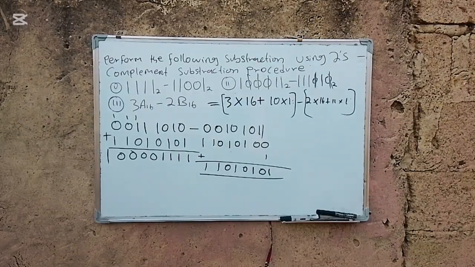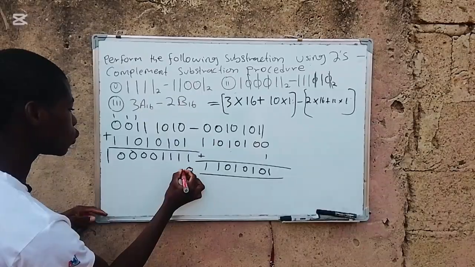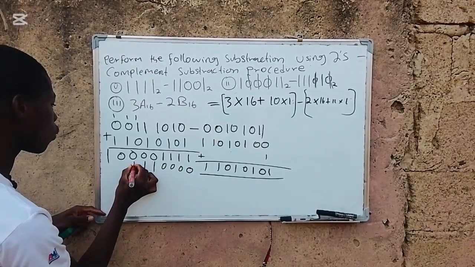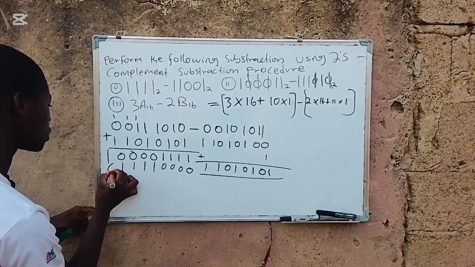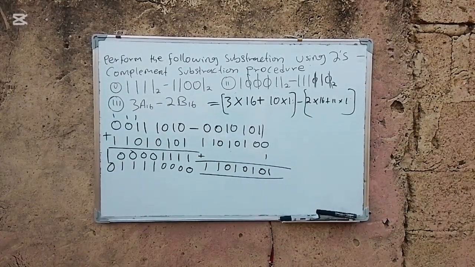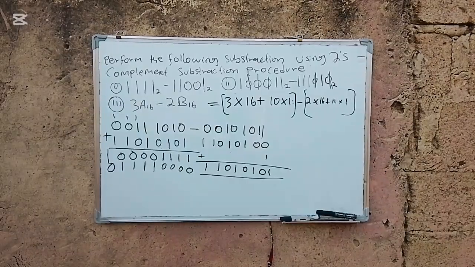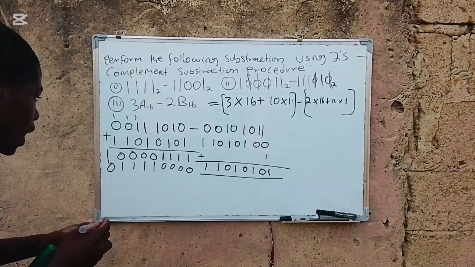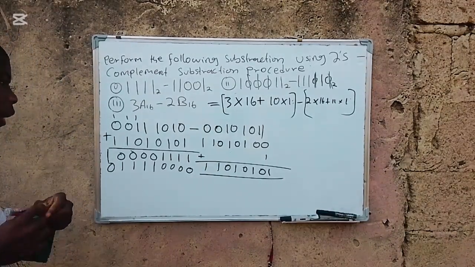So, as you can see, I have to perform the first complement. I will have 0 0 0 0 1 1 1 1 0. Yes. So the next thing that I'm going to do is add, but before adding, what am I looking for?